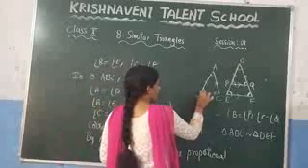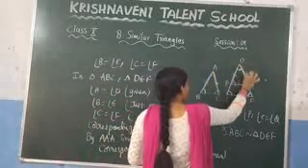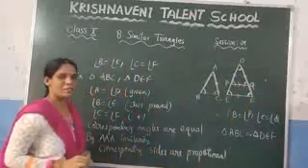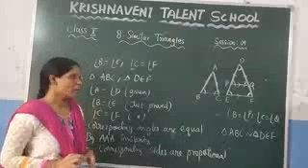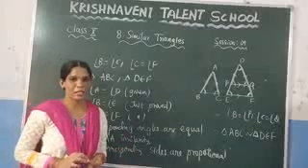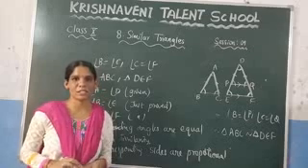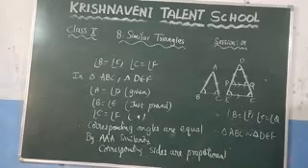That means SAS, side, angle, side. So by SAS similarity we can say that those two triangles are similar. Now based on these three theorems we are going to solve the next exercise. This session is completed.